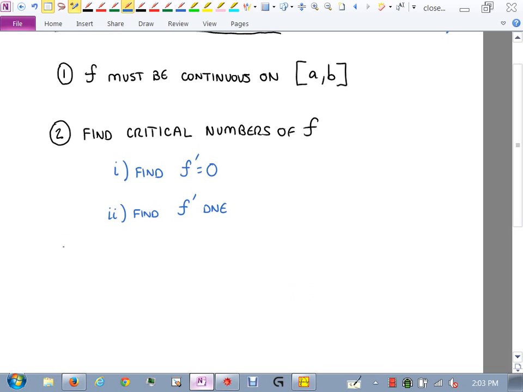The third and last step: take critical numbers. That basically means your answers, your answer or answers, you might get more than one, from part 2.